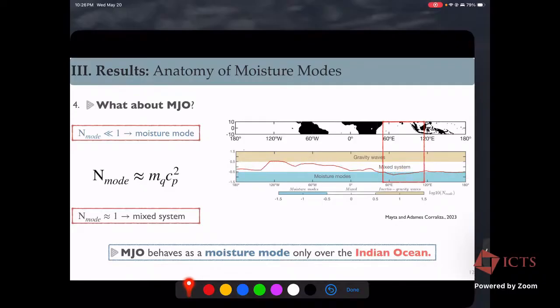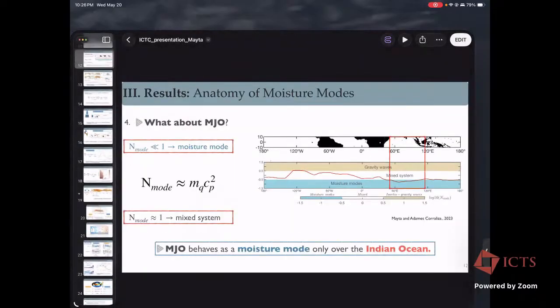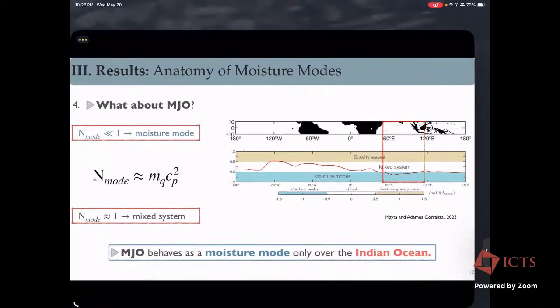As mentioned in the previous slide, after doing a scale analysis, this N mode can be estimated and is basically dominated by the phase speed propagation. This term is roughly 0.1, and the phase speed, of course, can be calculated for the disturbances.